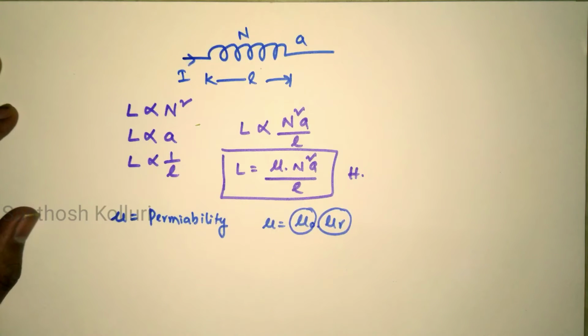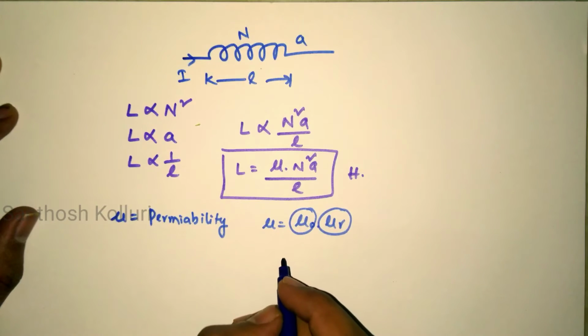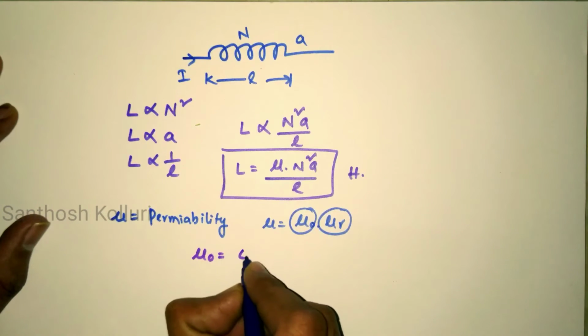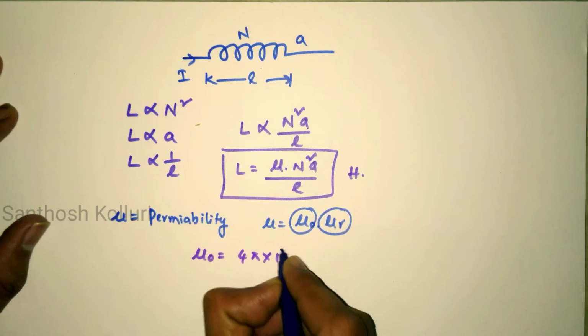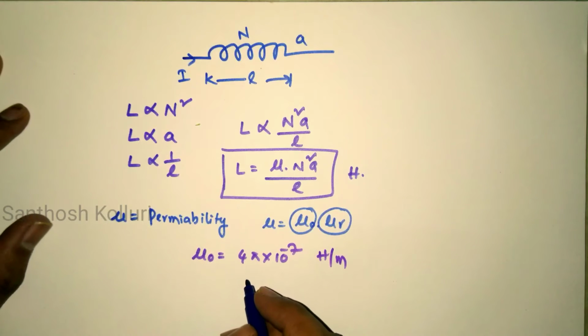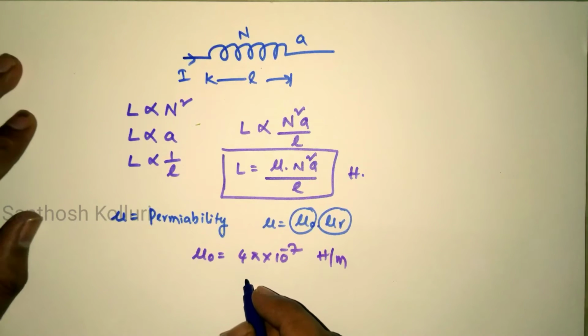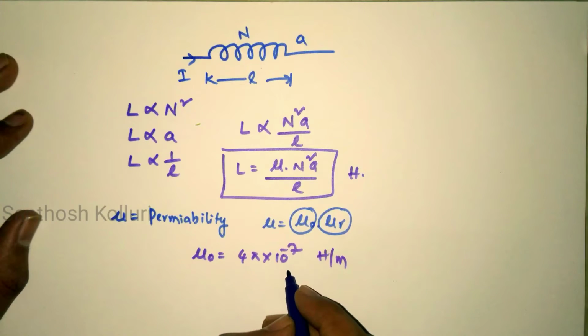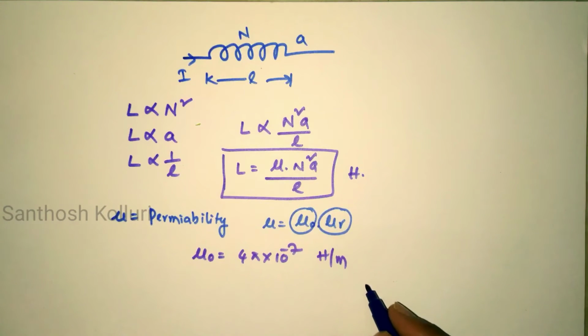Absolute permeability for free space can be written as mu naught is equal to 4 pi into 10 to the power of minus 7 Henry per meter.